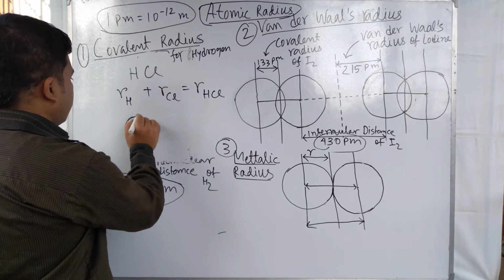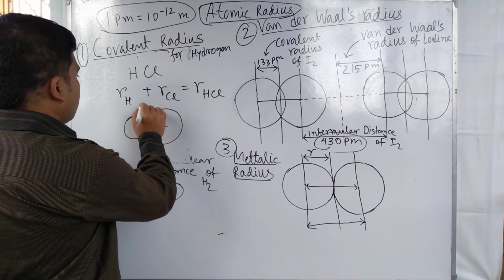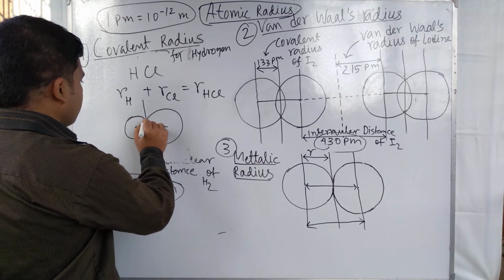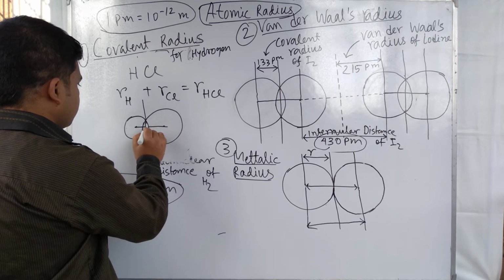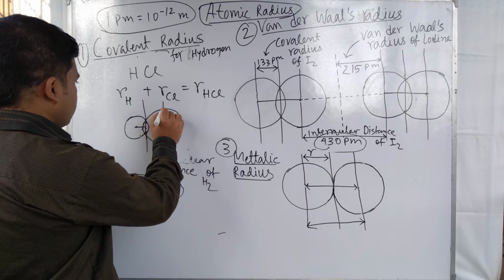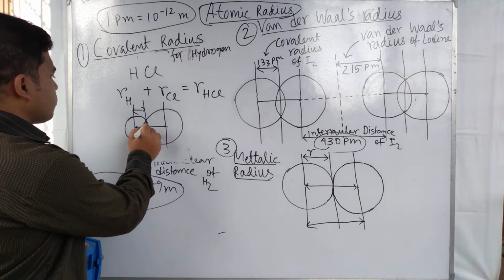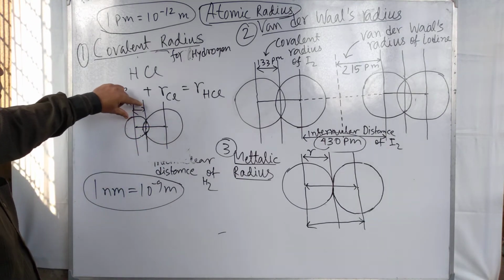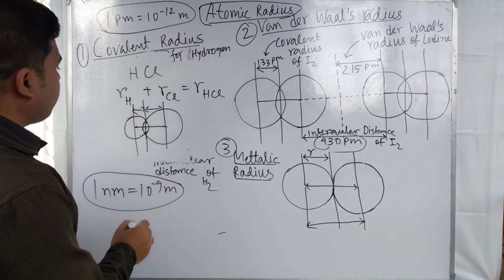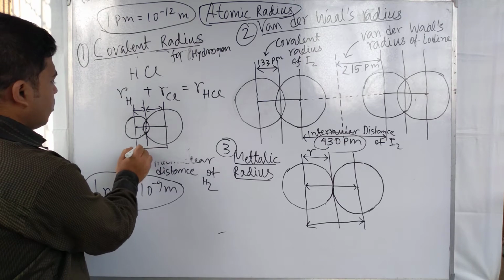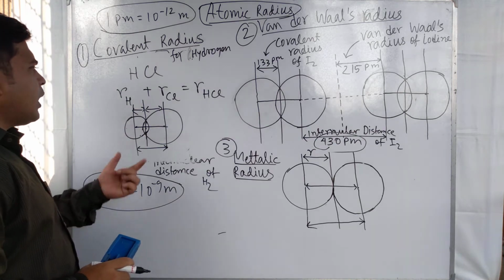This one is the covalent radius of hydrogen, this one is the covalent radius of chlorine, and the full distance is the internuclear distance between hydrogen and Cl.